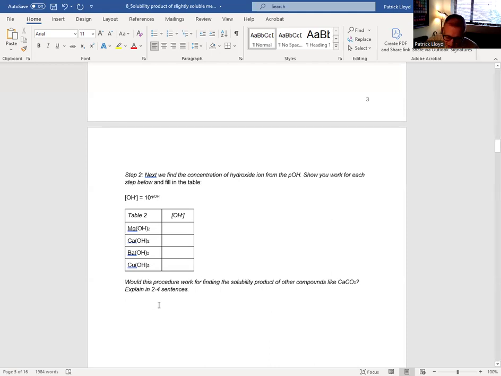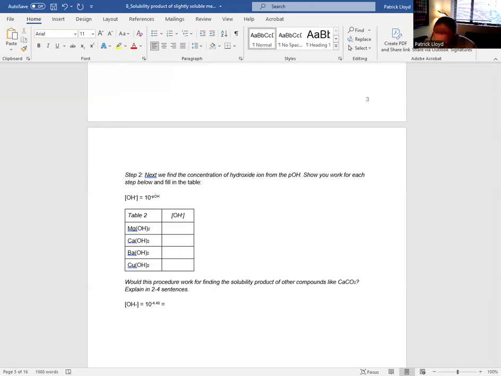Okay, so for this particular example, the hydroxide concentration would be 10 raised to the negative 4.48. Now let me see if I can highlight this in Microsoft Word and put that up as an exponent. There we go, superscript it.